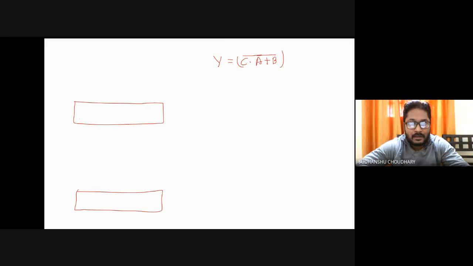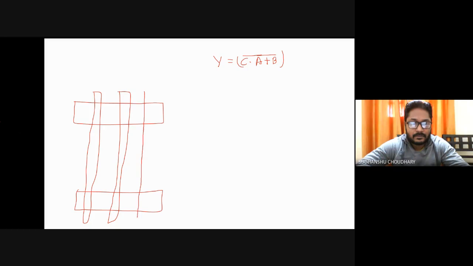And let us say A, this is the gate of MOSFET number A, and this is B, and similarly this is C. Let's write the names. A, this is transistor number B, and let us say this is transistor number C.